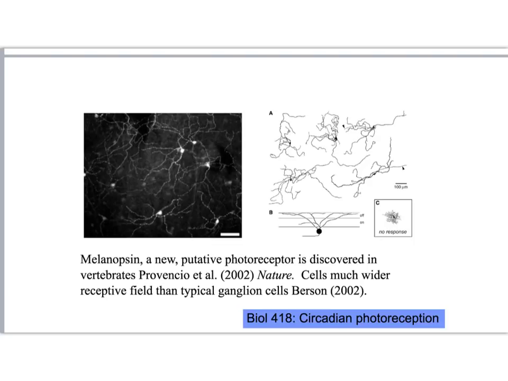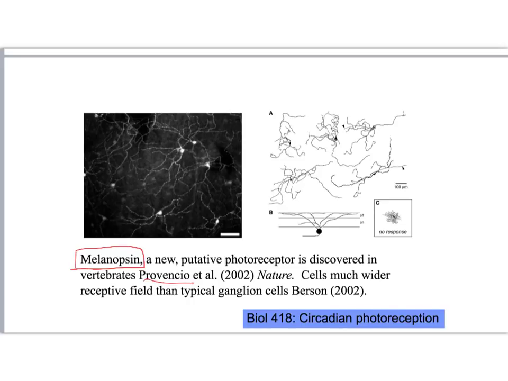At the same time that these experiments were finishing, there was a paper by Iggy Provencio, first at Uniform Services and then at University of Virginia, that showed that there was a new photopigment that he first found in frog skin, but then he found it in the eye, in the retina of many different animals, including humans.